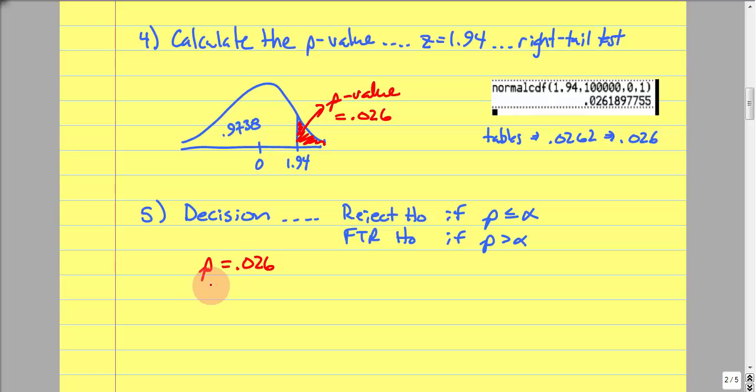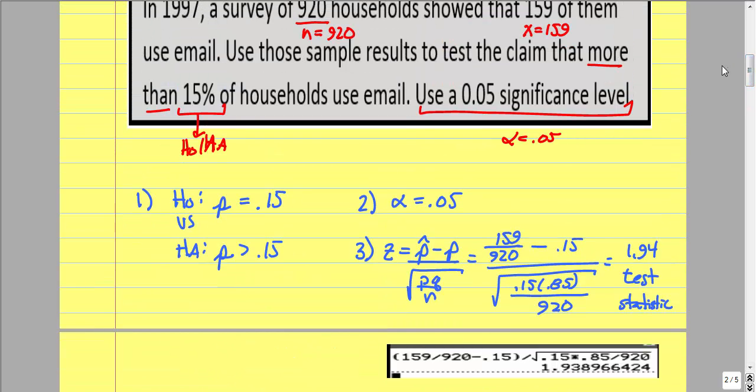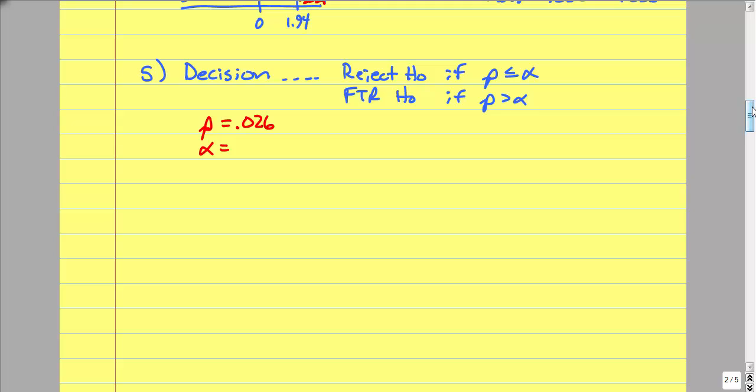And then we also had an alpha that was given. So let's go ahead and look back up and see what that alpha level was. So we can see here that alpha was 0.05, or 5% level of significance. So alpha was 0.05.